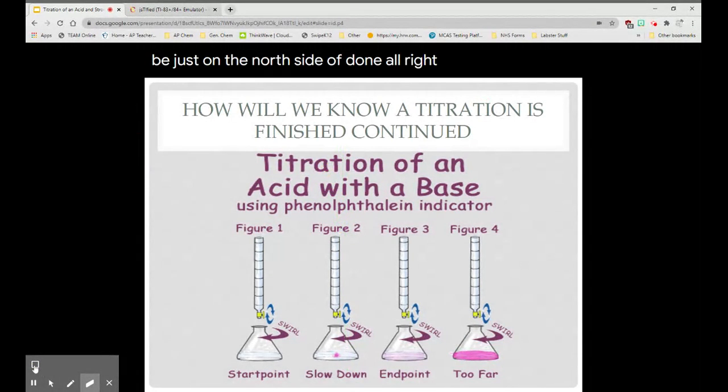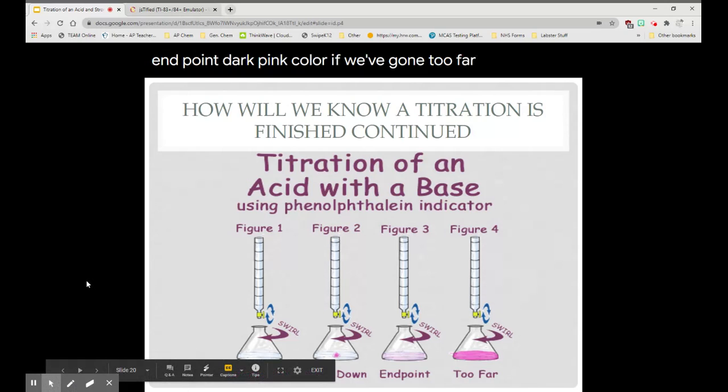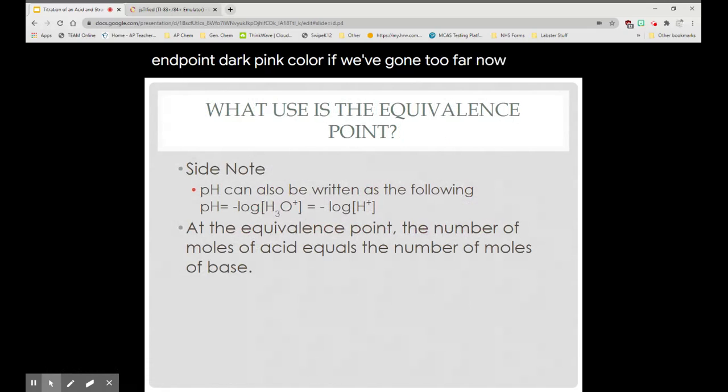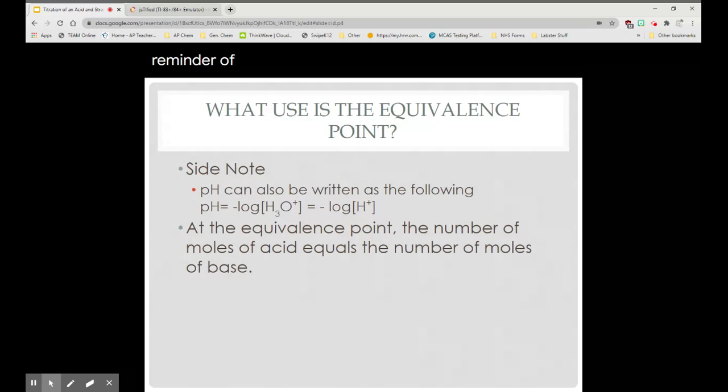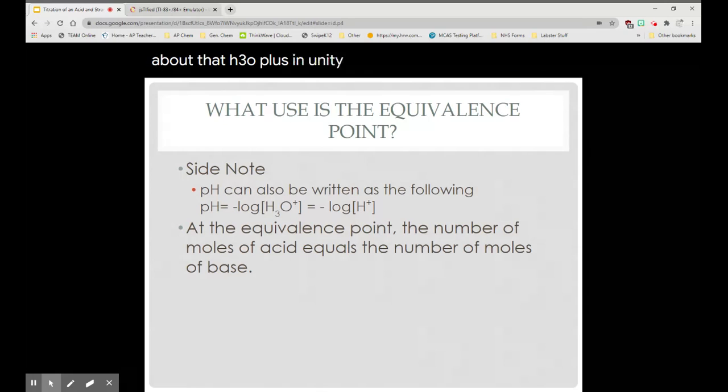All right, here's a picture of what we'd see if we were titrating with a base using phenolphthalein. We get a light pink color when we're at our endpoint, dark pink color if we've gone too far. Now, this is a reminder of what pH is and how to calculate it. We'll talk about that H3O plus in Unit 8.